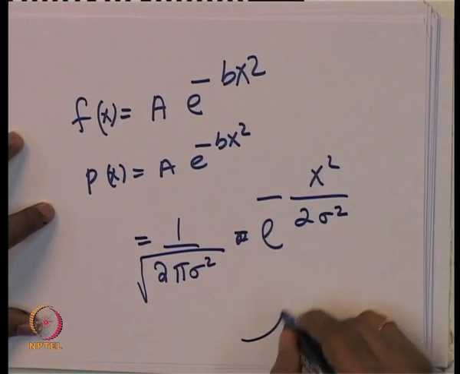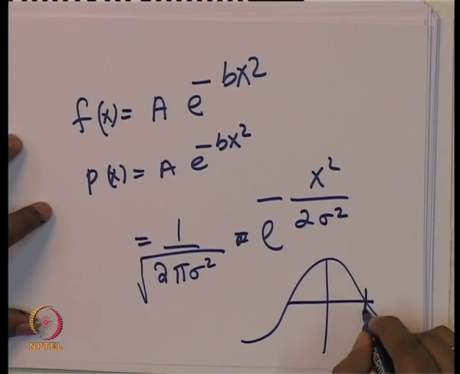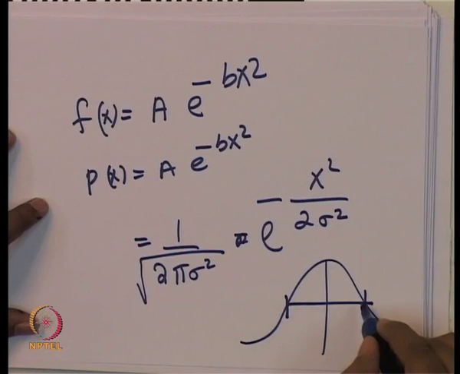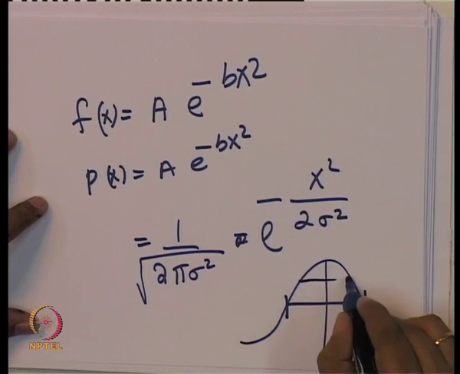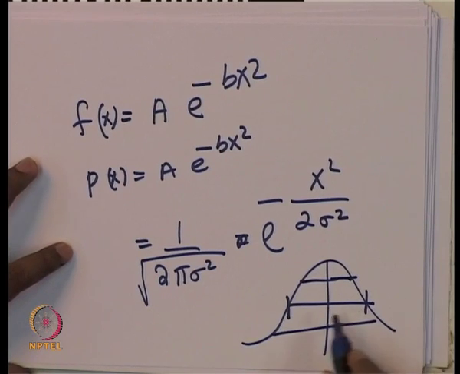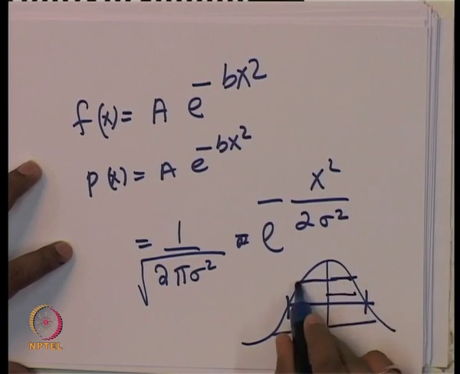What we want is, just by looking at the width, by measuring a distance, to get sigma. But where will you measure the distance? Will we measure it here or here? If this is x, this distance is 2x.